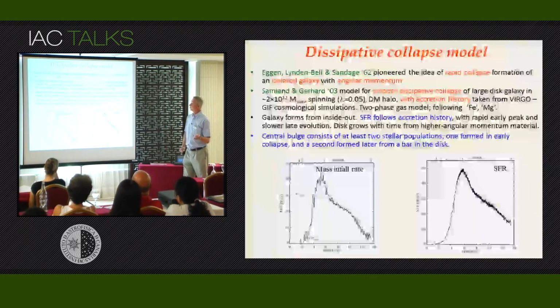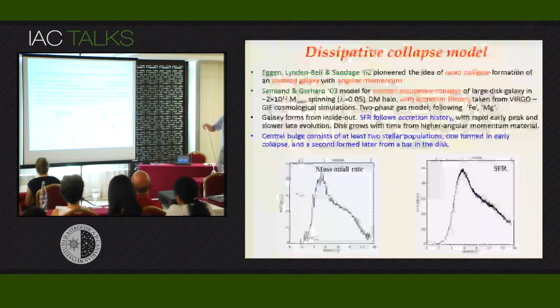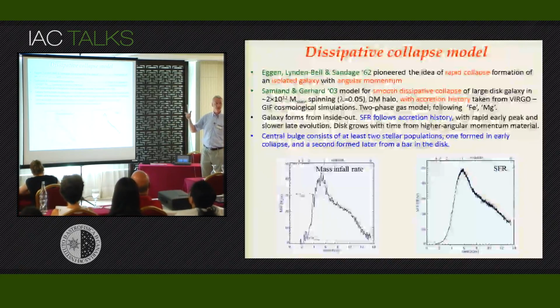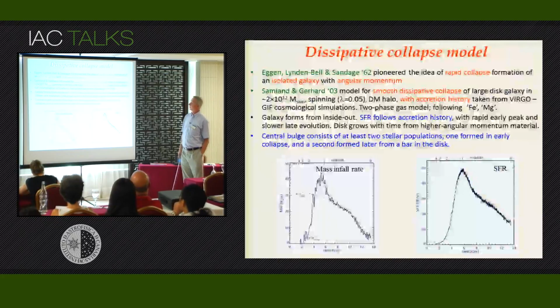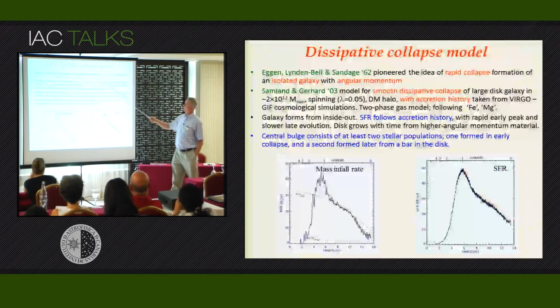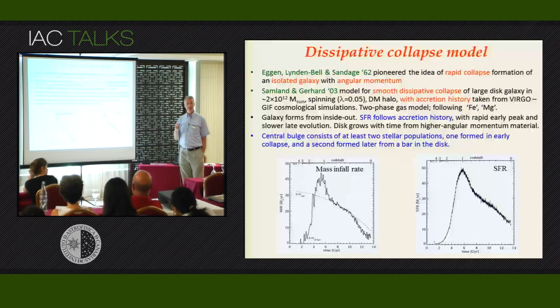So I wanted to next show you something about dissipative collapse. That's played some role in the history of galactic formation, and also because it illustrates a few points on how some of the observables might be related. So this goes back to a very important paper by Eggen, Lynden-Bell, and Sandage many years ago, who pioneered the idea of a rapid collapse formation.